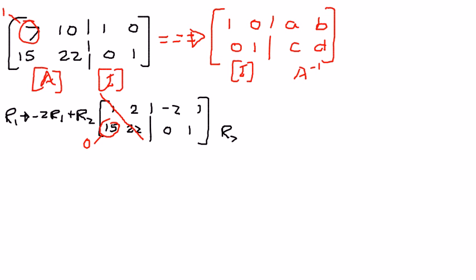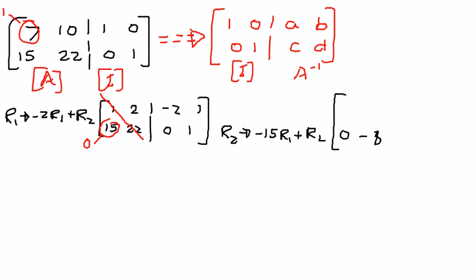The new R2 is going to be equal to negative 15 R1 plus R2. When we do that, we should be able to make that location equal to 0. Negative 15 times 1 is negative 15, plus 15 will be equal to 0. Then negative 15 times 2 is negative 30, and negative 30 plus 22 is negative 8.